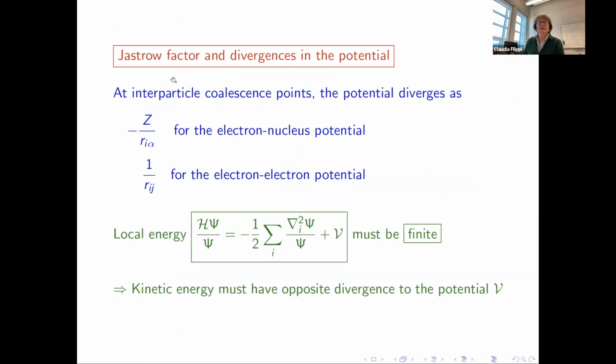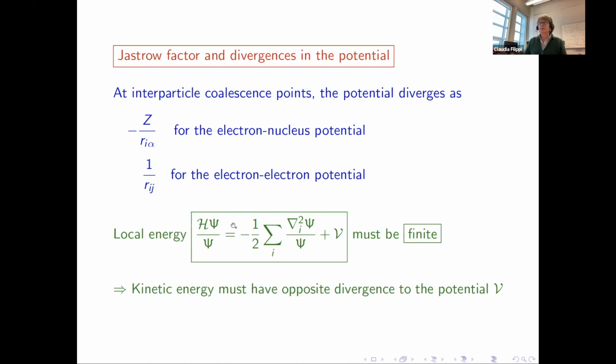Now, let's see what the Jastrow factor does. One of the first things it does is take care of the divergences in the potential. If an electron goes onto a nucleus, or ends up close to another electron, the potential diverges.